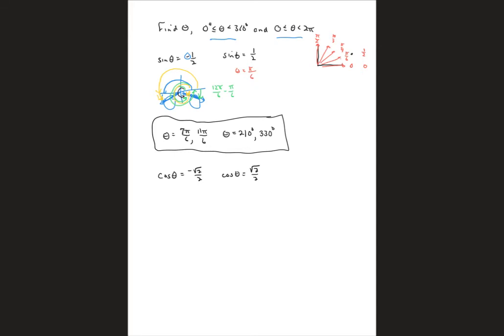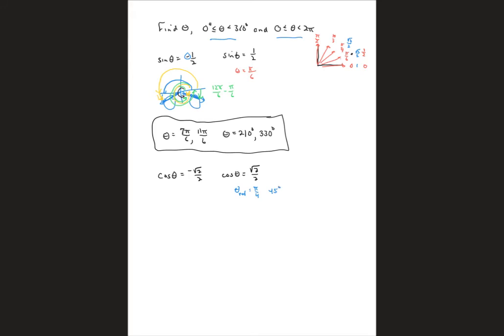So what angle makes cosine square root of 2 over 2? Well, this is where we're going to go. Remember, cosine starts big, so it's going to be 1, square root of 3 over 2. Square root of 2 over 2 is right there at pi over 4. Now that's our reference angle, pi over 4, or 45 degrees if you want.